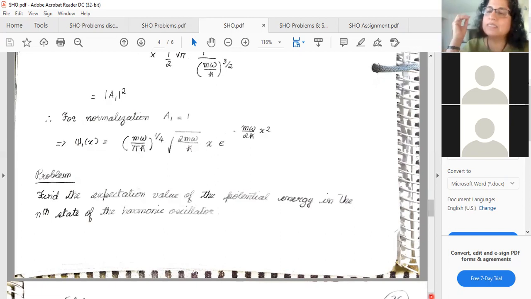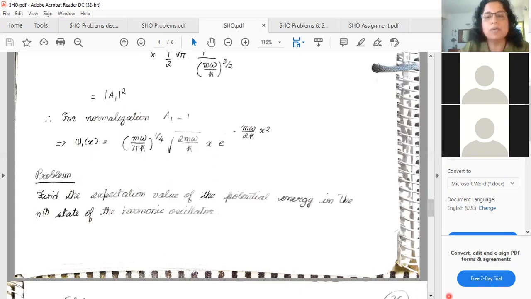Somehow people are extremely uncomfortable with the idea of using the operator method. But believe me, for most purposes the operator method works very well. It is extremely simple and it saves you a lot of problems. All you have to remember is how A plus and A minus operate. That's why I'm begging you to remember those things. Once you remember it, believe me, it will work out very well.